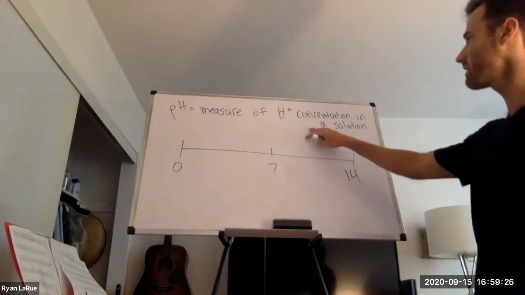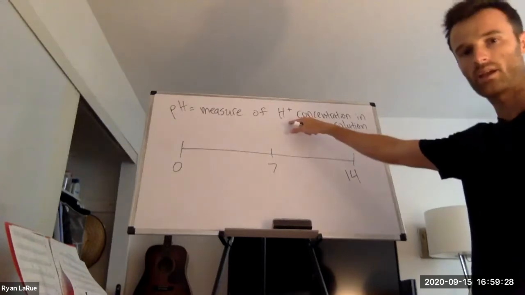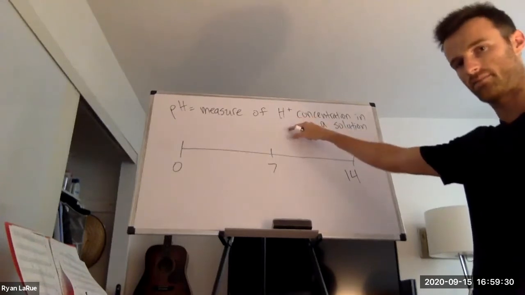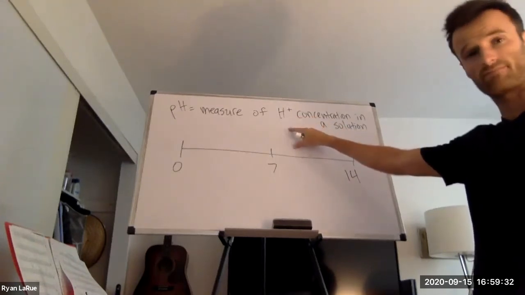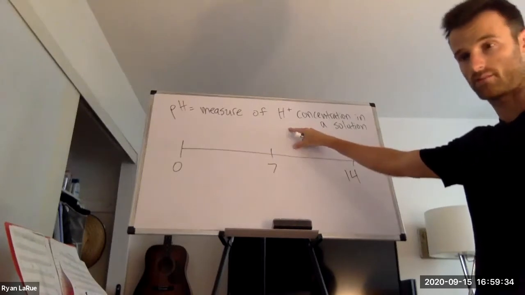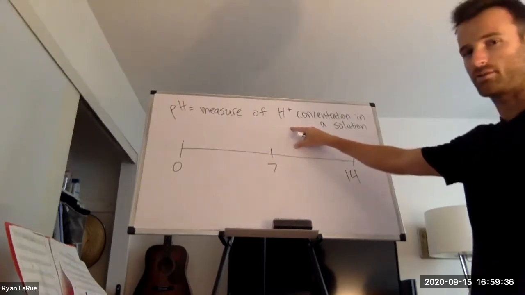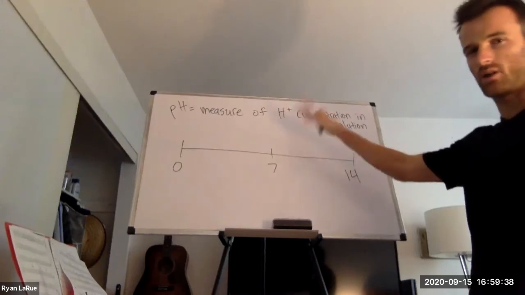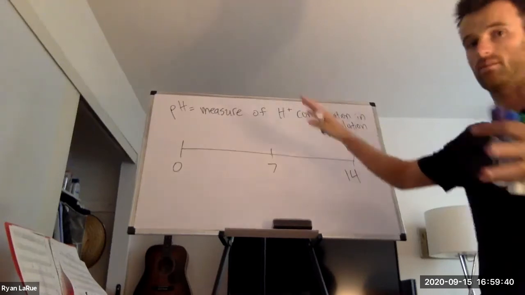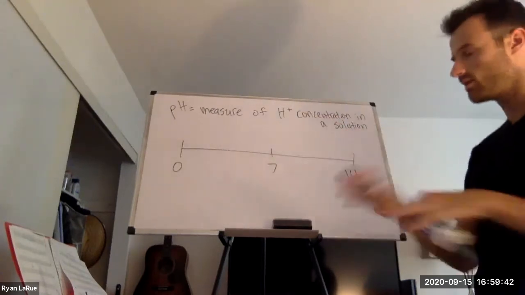So the concentration of hydrogen ions is inversely related to the pH number. It's weird. It's annoying. But you'll get used to it. It's an inverse negative log thing. Logarithm, it's as the calculation. You don't have to know that.